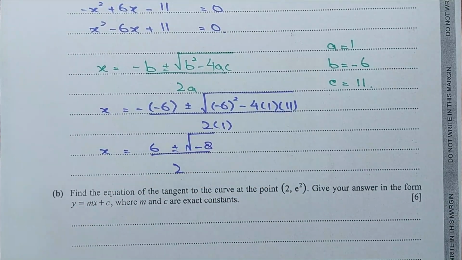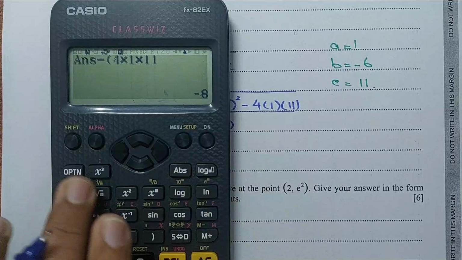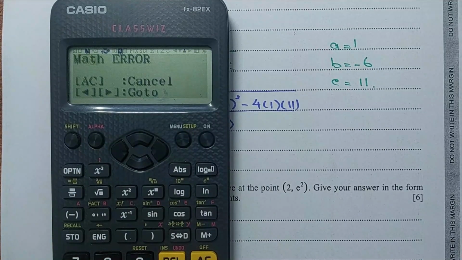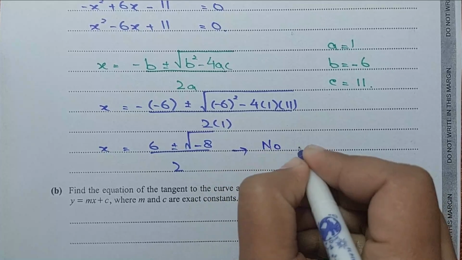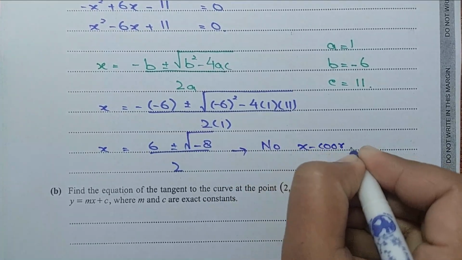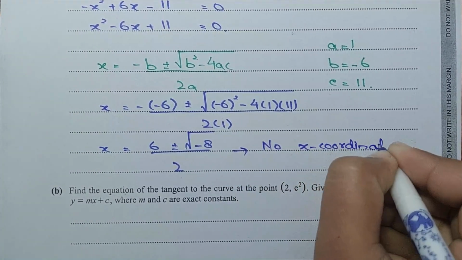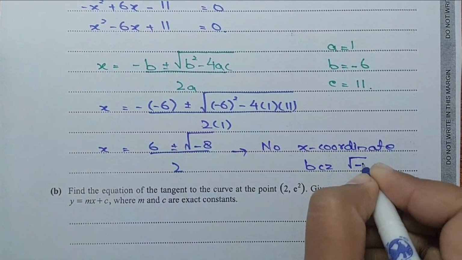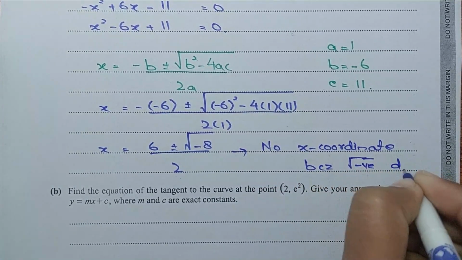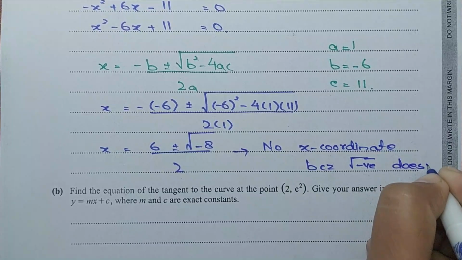Okay, so root of negative 8 does not exist. Root negative 8, no solution, right? So we have no x coordinate, because square root of a negative number does not exist.